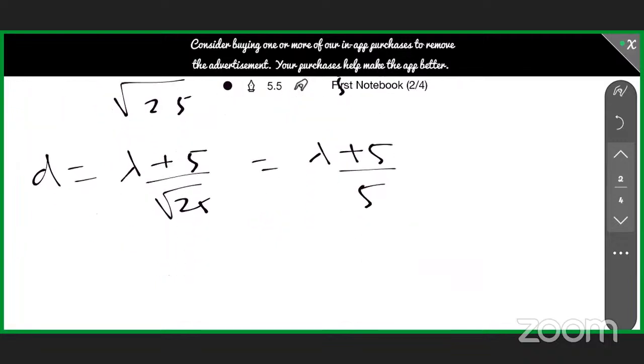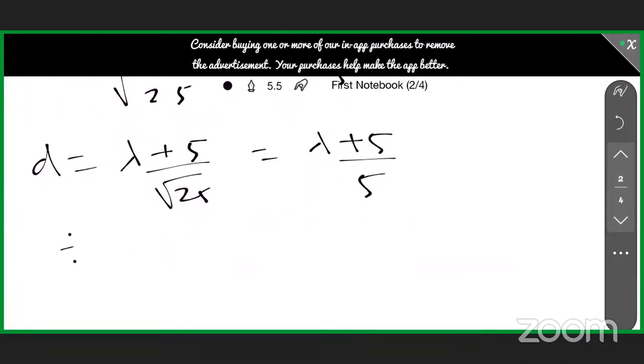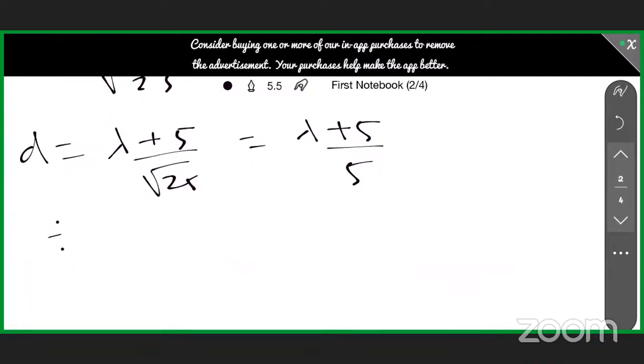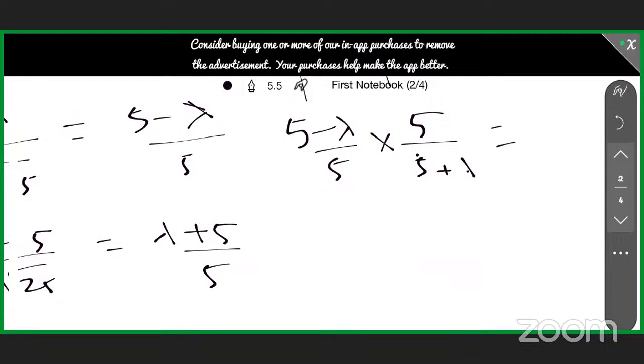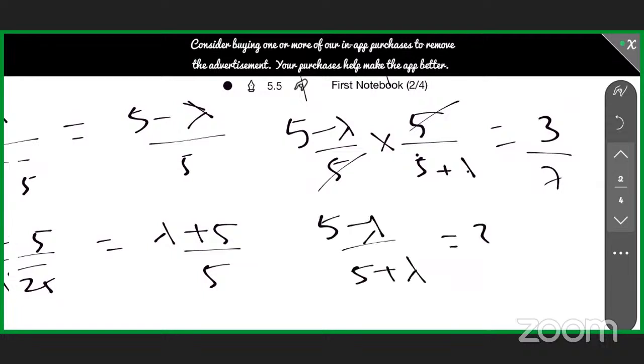Now given that the line divides in the ratio 3:7, what they're telling is 5 minus lambda by 5 into 5 by 5 plus lambda, this ratio I have taken directly, is equal to 3/7. So the 5 cancels, and what is left is 5 minus lambda by 5 plus lambda is equal to 3/7.